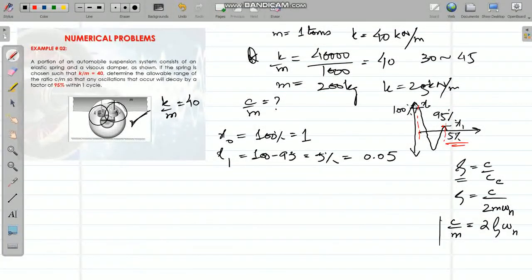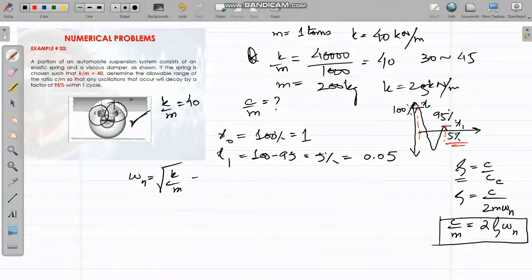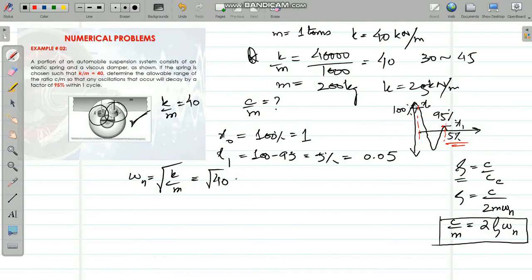This is what we are interested in. Now omega n is known, which is the square root of k over m, and k over m is 40 as given in the numerical. Let me find that value.